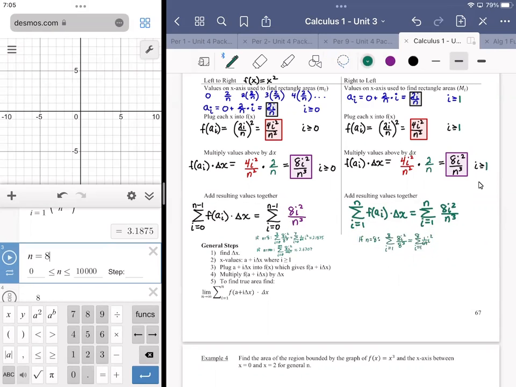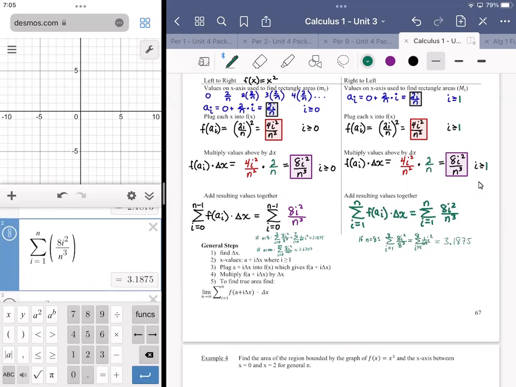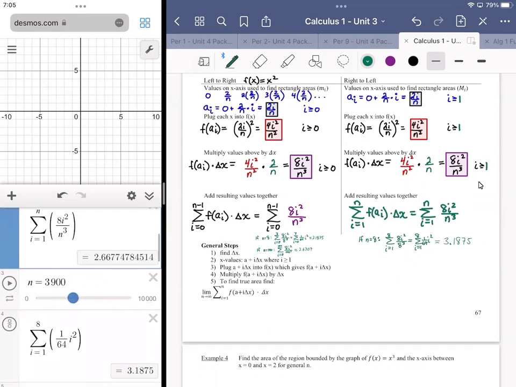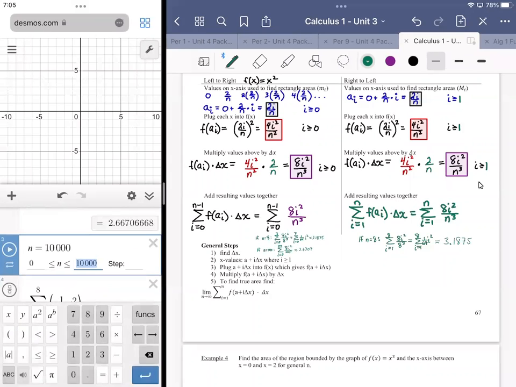So it's exactly 3.1875. All right, but if I jazz up my n value so that it goes super high, you see that this is converging on the 2.6 repeated idea also. It's just a question of how high can we go, so maybe not 10,000, maybe 100,000.